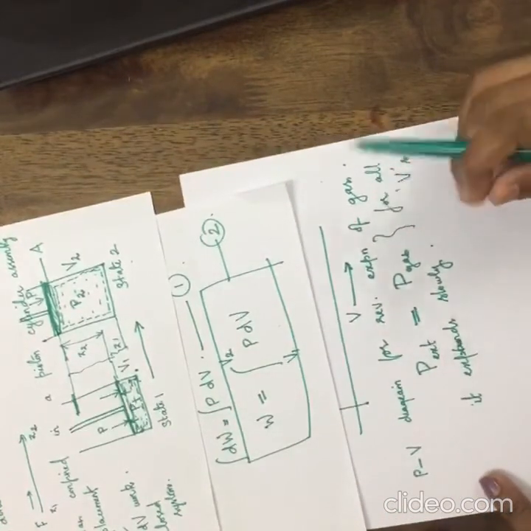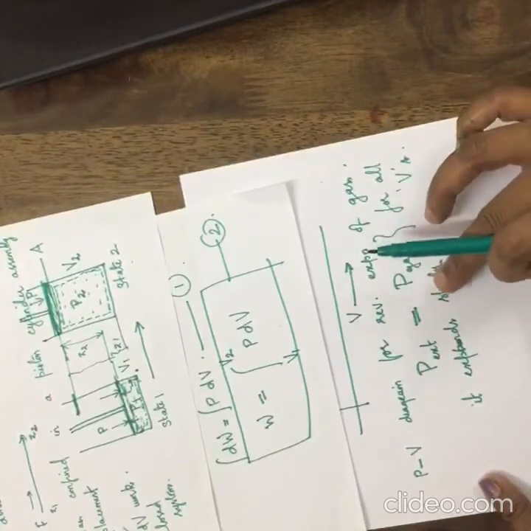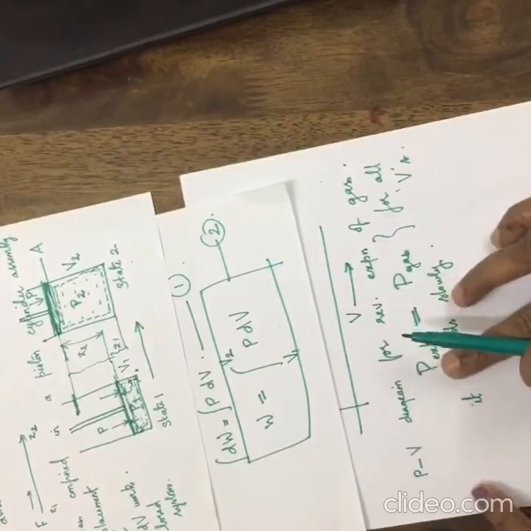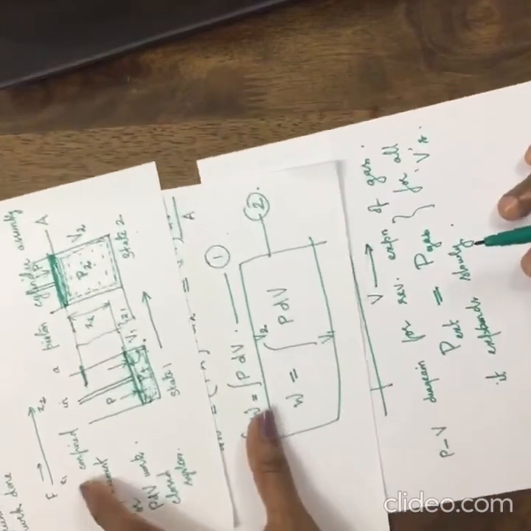Why is it a reversible expansion of gas? Reversible means the external pressure should be equal to the gas pressure.